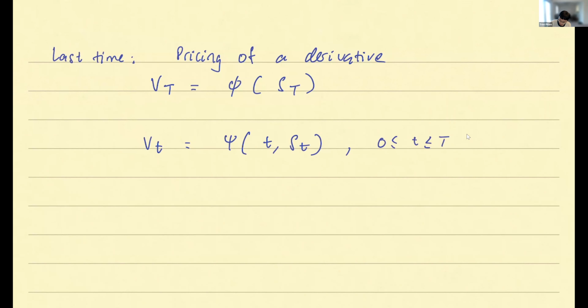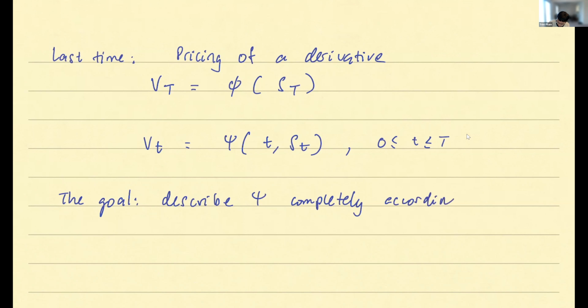So the task of pricing, the goal is to be able to describe psi, this function, completely. And of course, not just completely, but according to some kind of criteria that we think pricing should follow.